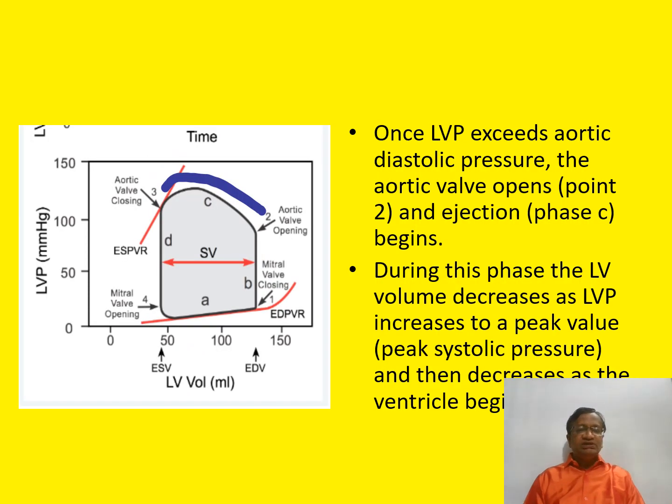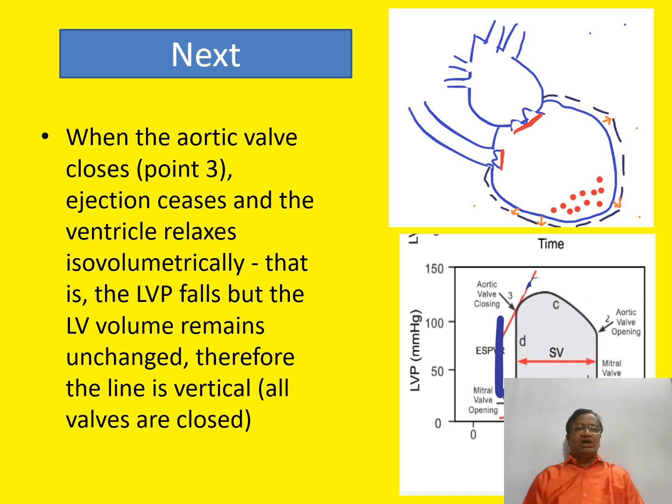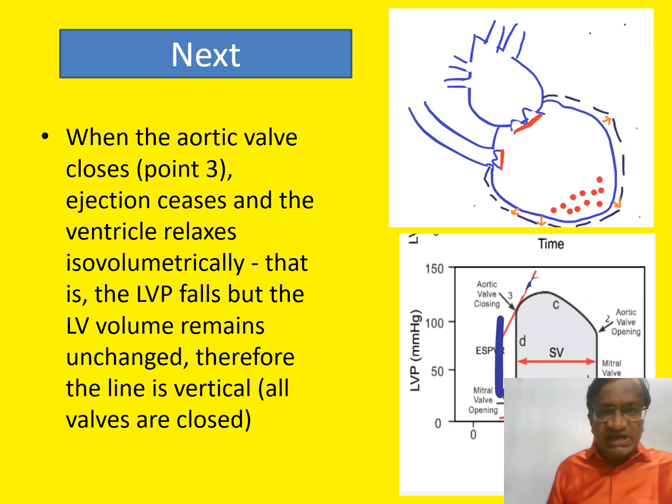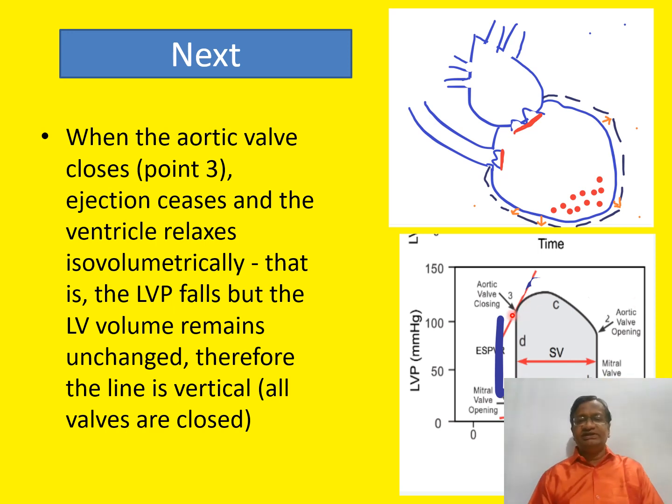Once again, the LVP increases. This is the ejection phase. Now when the aortic valve closes at point 3, this is point 3. The aortic valve closes. The mitral valve is already closed. So the ventricle relaxes isovolumetrically.